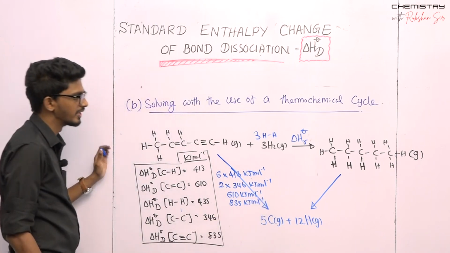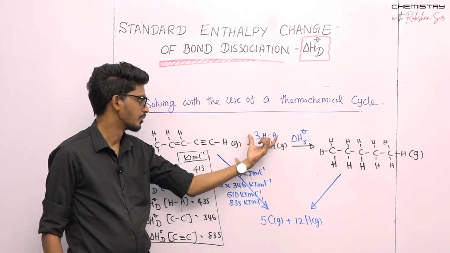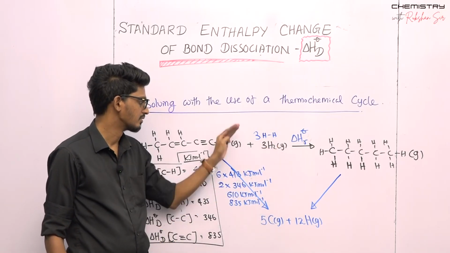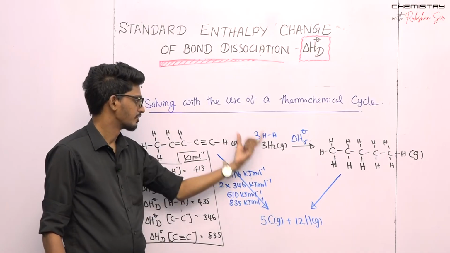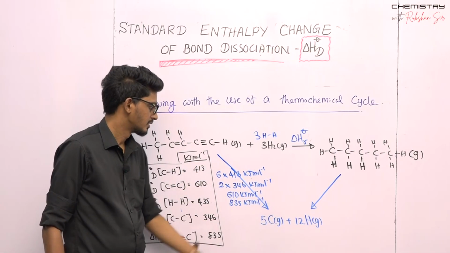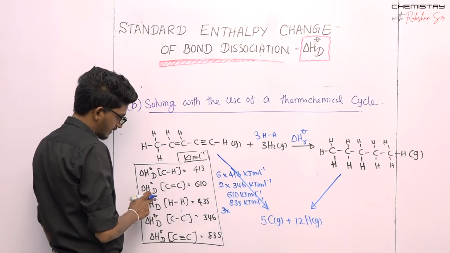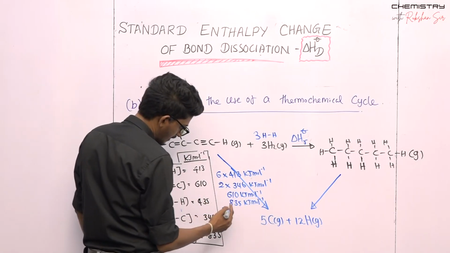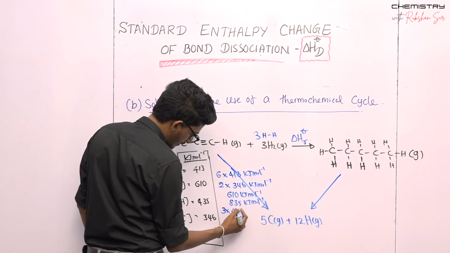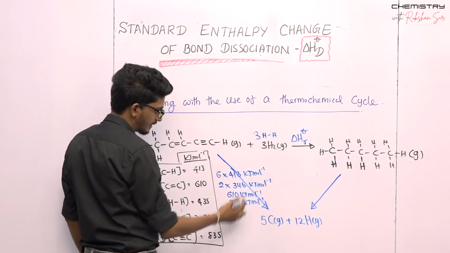Not only that, you need to break 3 H-H bonds as well, to completely convert the state of your system to this state. Those carry 435 per 1 mole of bonds. Such 3 bonds are to be broken, right?